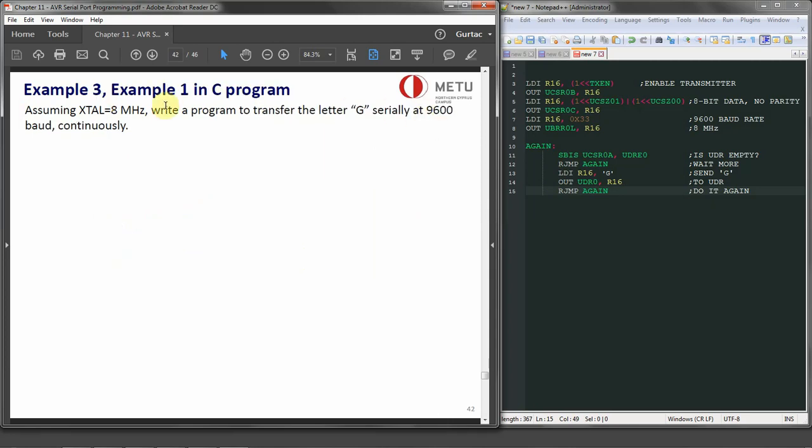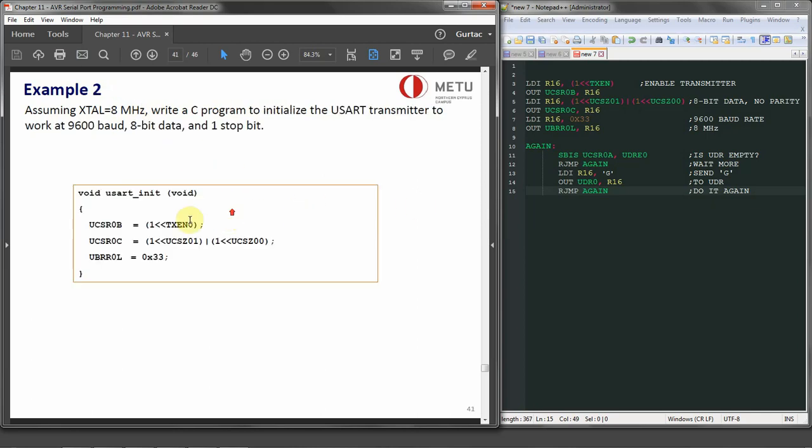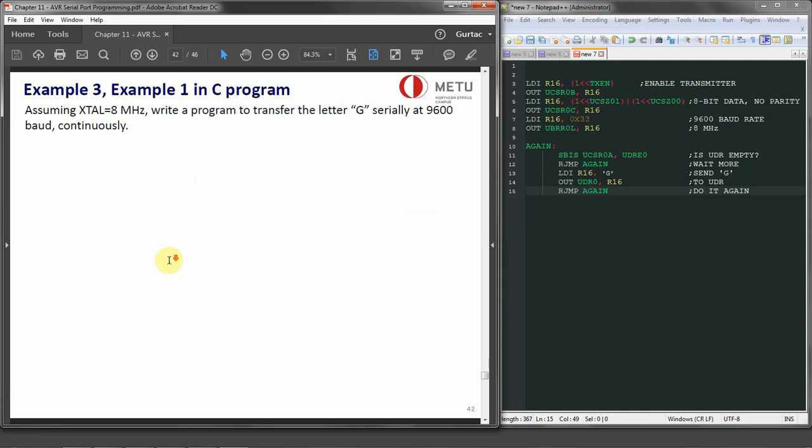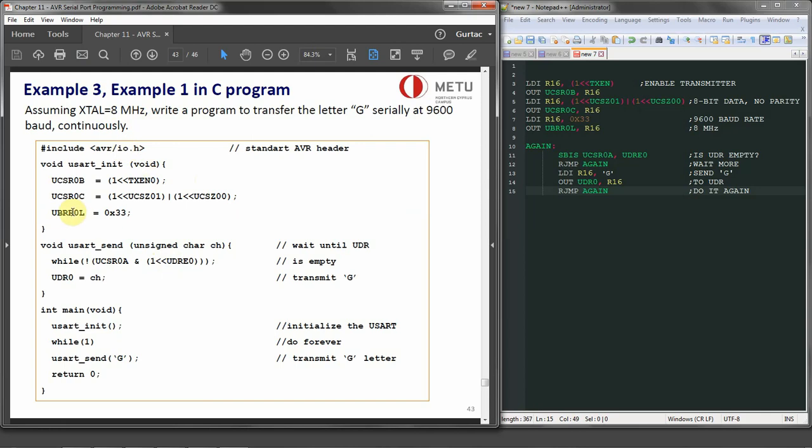And then we can use this to send the letter again if you want, and this is done in example 3. So all we need to use is the same subroutine, we can initialize it, and then we can monitor the UDR0 and send the value. So USART init, which we already did over here, can be just copied and pasted over there.